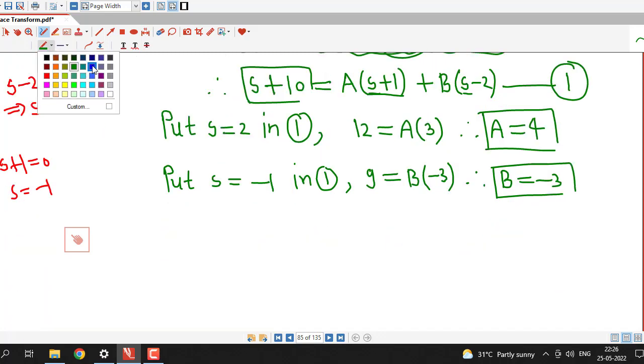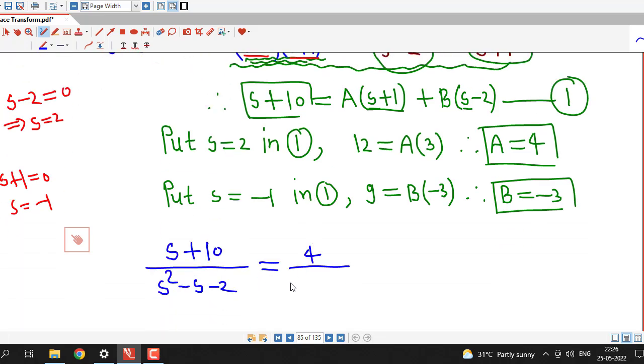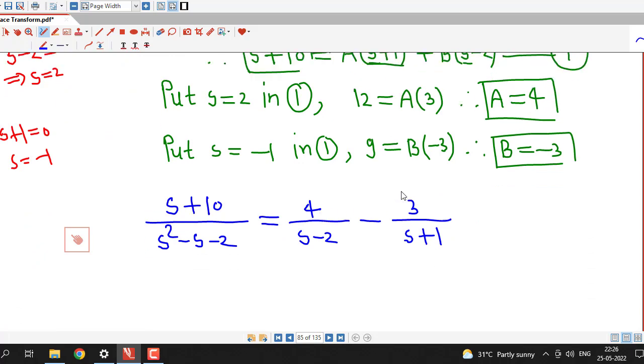So now our function is reduced in terms of partial fractions. Our function is s plus 10 divided by s square minus s minus 2. This is equal to a divided by s minus 2, with a equal to 4, and b divided by s plus 1, with b equal to minus 3.